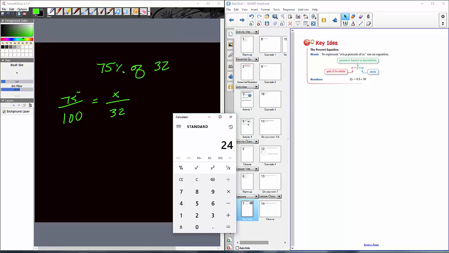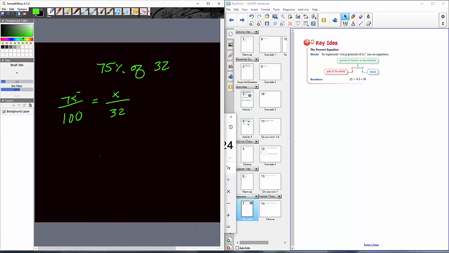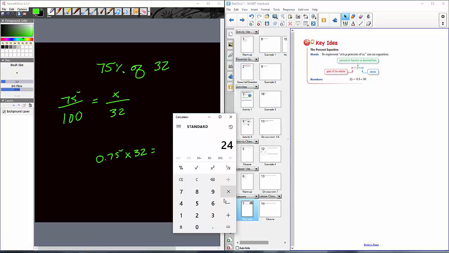To give you an example of that, if I had 75% of 32, we'd write that down as 75 over 100 equals something over 32, because 32 is the whole. Another way that I could write this, that's kind of fast, and that you may have learned in another year, is I could change this into a decimal. That's what this is saying to do. So that percent turns into a decimal, which is 0.75 times my whole, which in this case is 32. When I use my calculator and do 0.75 times 32, I get 24.